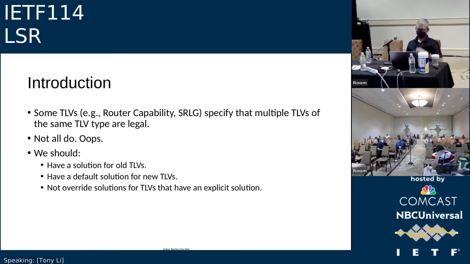The goal here is to say, if you're going to run out of space, insert multiple parts of the TLV, i.e. two or more things that have the same TLV code point, and you treat that as concatenated contents. We need to have this solution for all the old TLVs that have not specified things. We want to have a default in place so that if somebody forgets, there is a backstop. We're not trying to override solutions for TLVs that already have said something explicit.